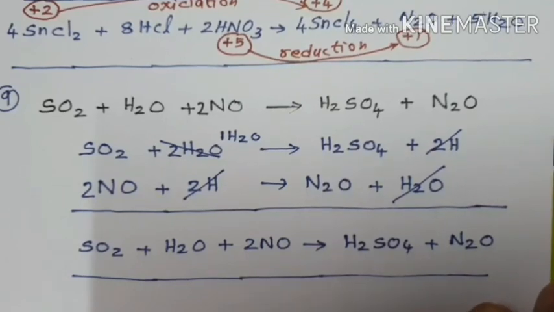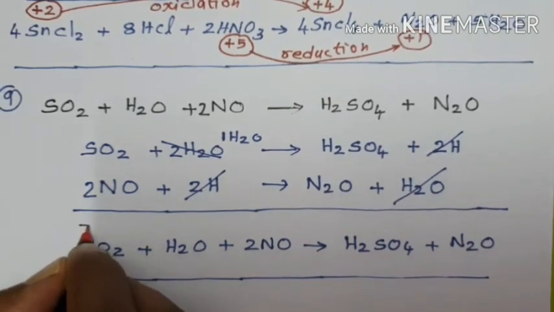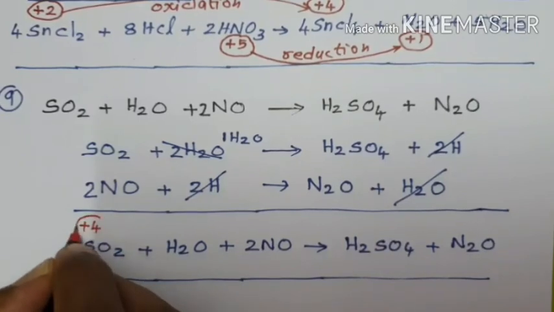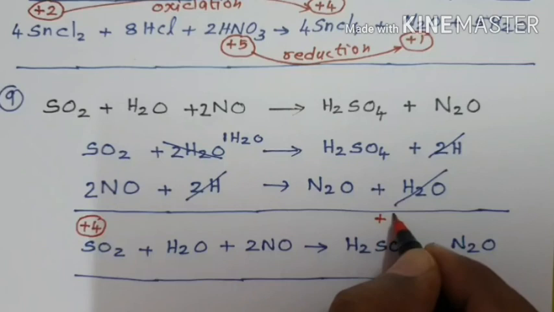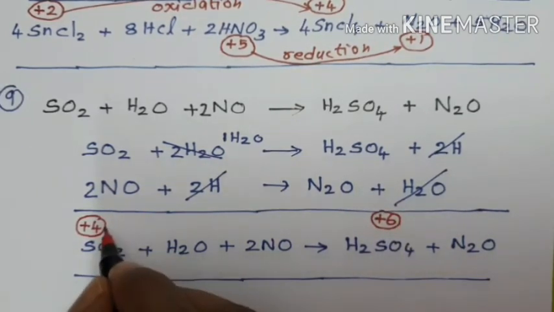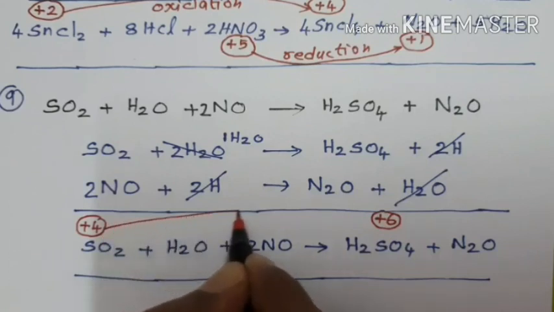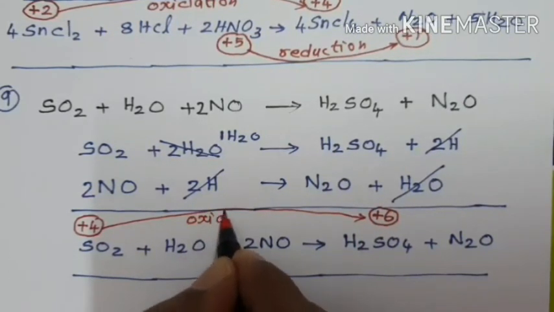So there are 9 methods used. In this method, in sulfur dioxide, sulfur is in plus 4 oxidation state, and in sulfuric acid it is in plus 6 oxidation state. SO2 undergoes oxidation; an increase in oxidation number is called oxidation.